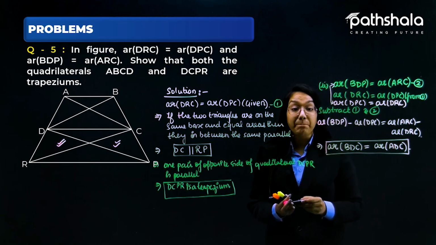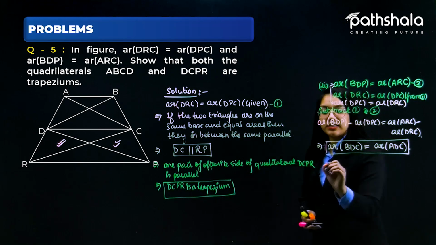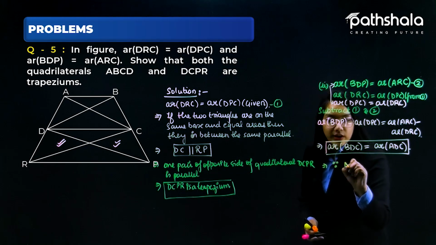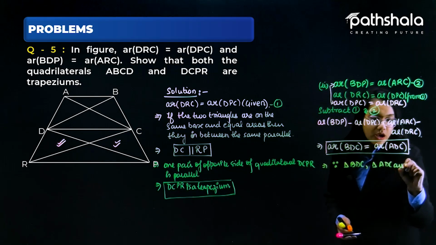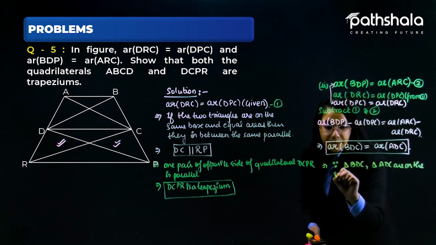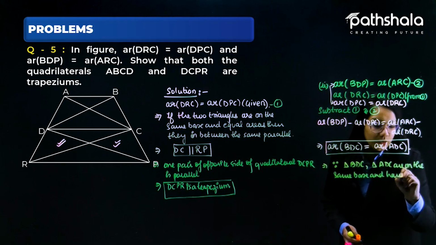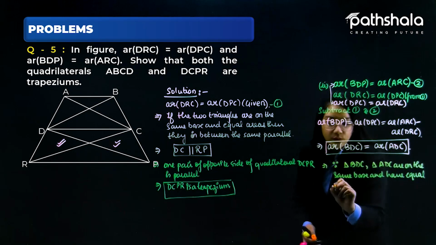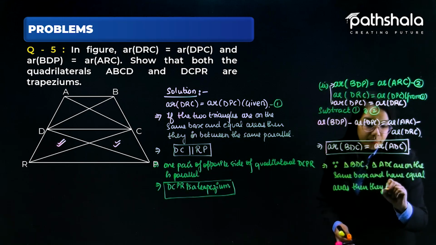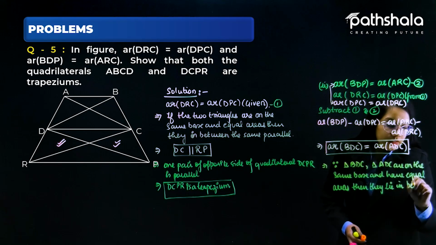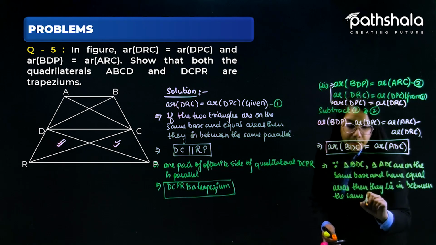They are lying on the same base, so now we can say that since triangle BDC and triangle ADC are on the same base and have equal areas, they lie between the same parallels.